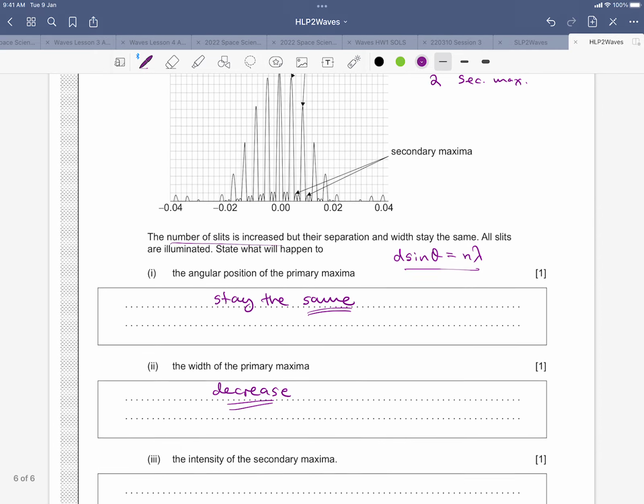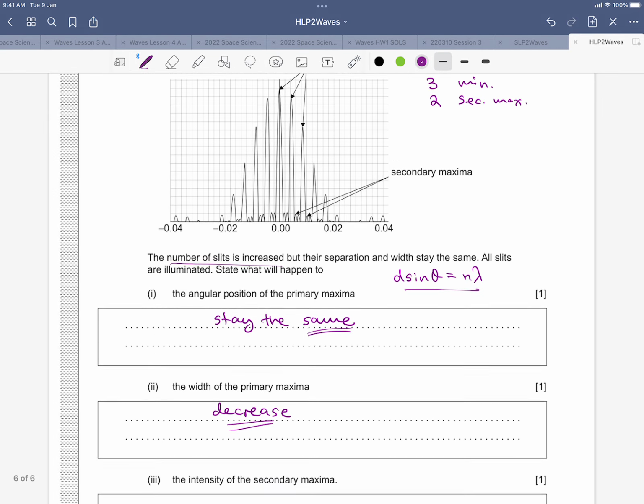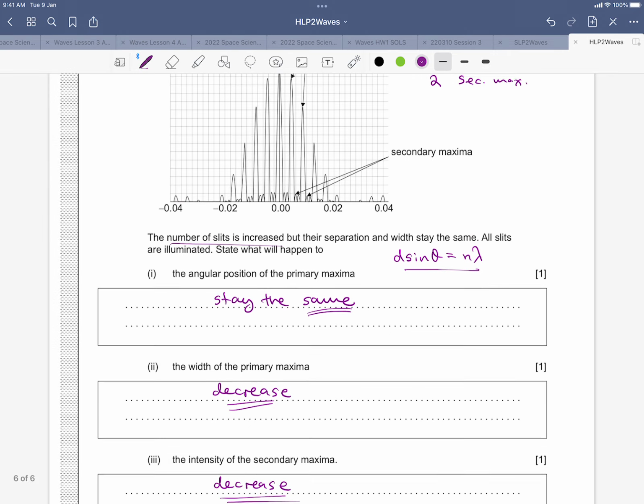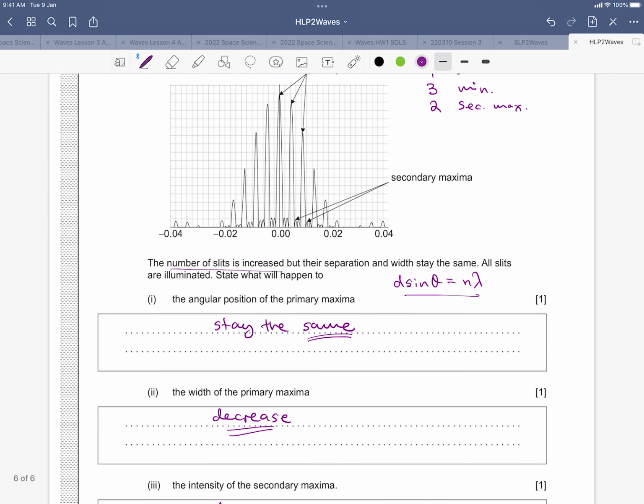But the secondary maxima, they actually decrease in intensity. So the intensity of the secondary maxima also decreases. So it gets darker and darker between those brighter and brighter primary maxima. Okay.